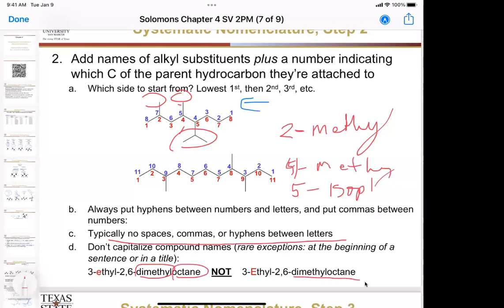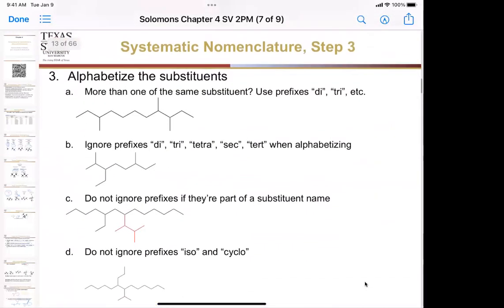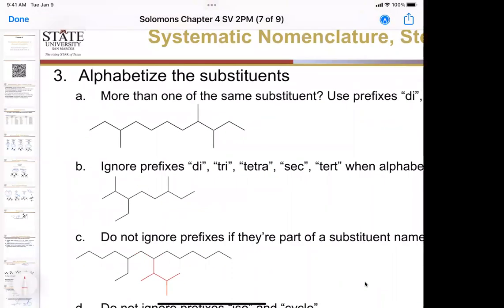You only have a number, hyphen, substituent, then parent chain. Now let's talk about adding these together. If you have more of one of the same thing, you can add di for 2, tri for 3, tetra for 4. So we have 1, 2, 3 methyl groups on this chain.